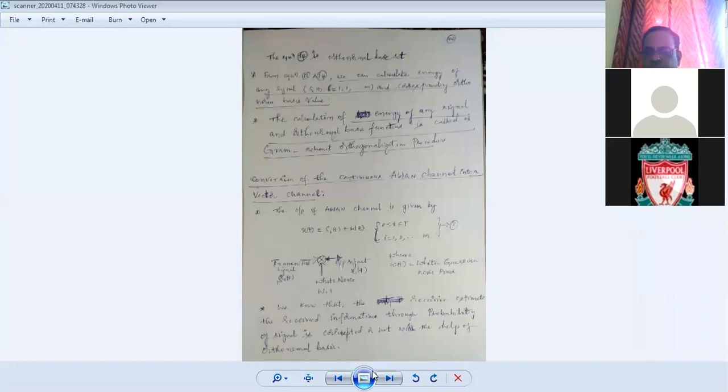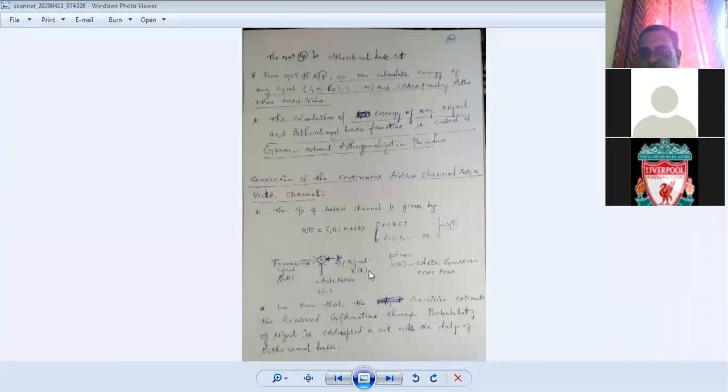Look back at the geometric representation, and we have studied the Gram-Schmidt orthogonalization. Here, the si of t which is received as the input will be checked, with the help of the basis functions phi i and phi j, whether the received signal is correct. Here we have s1 of t, s2 of t up to si of t.